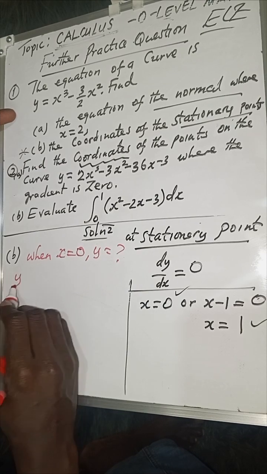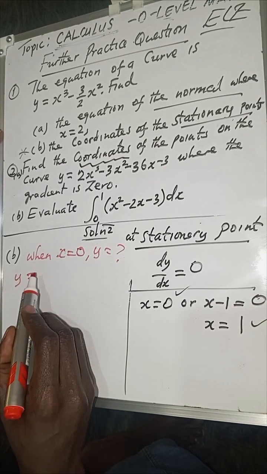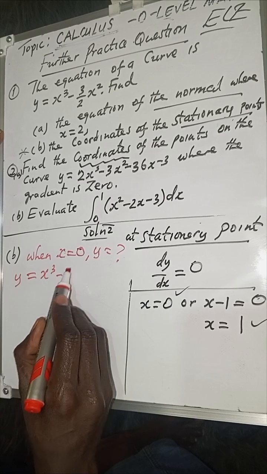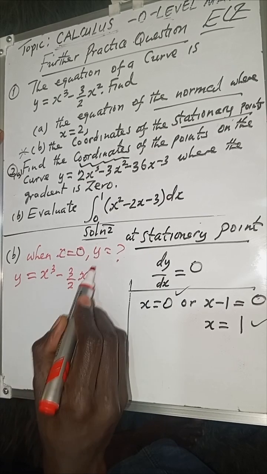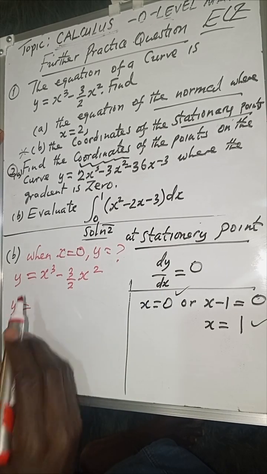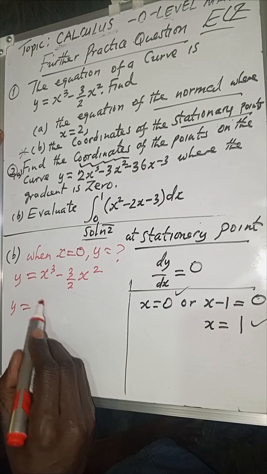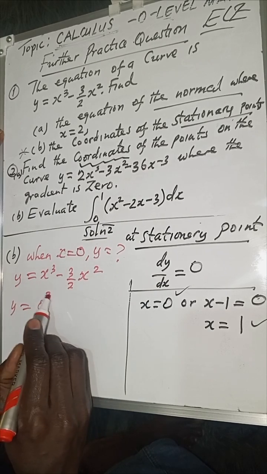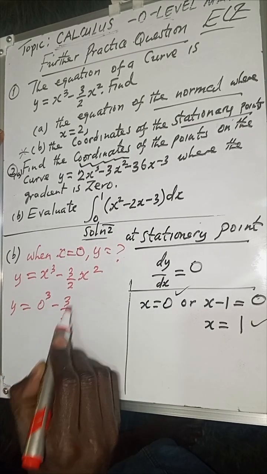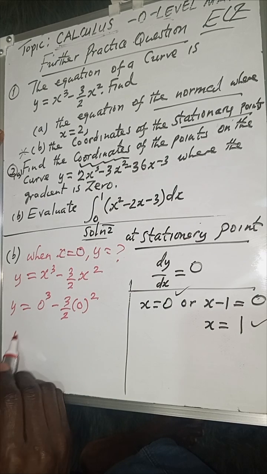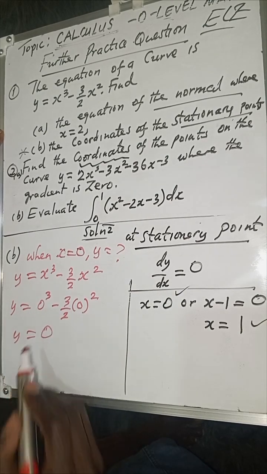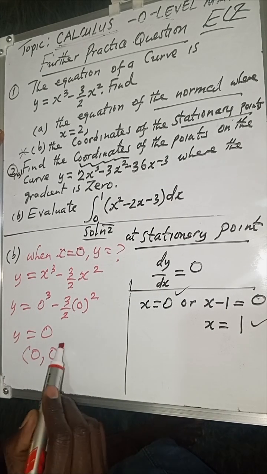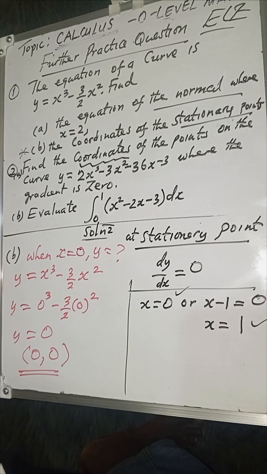So it is going to be y is equal to x raised to the power 3 minus 3 over 2, then x squared. So y will be equal to, what's my x? It's 0. So 0 raised to the power 3 minus 3 over 2, then 0 raised to the power 2. Definitely that will all give you 0. So it is 0, 0. That is the origin.